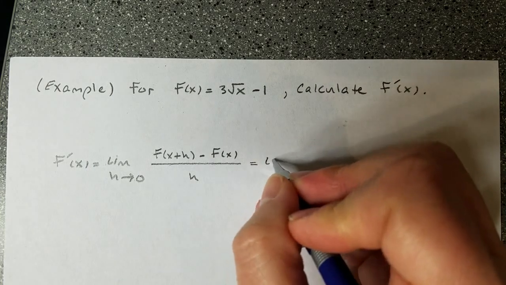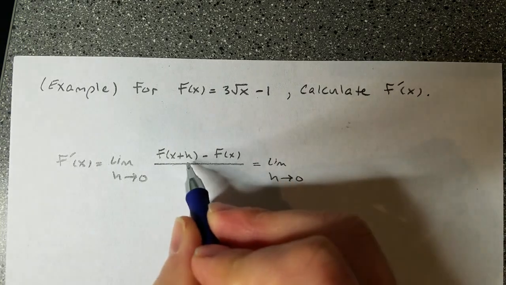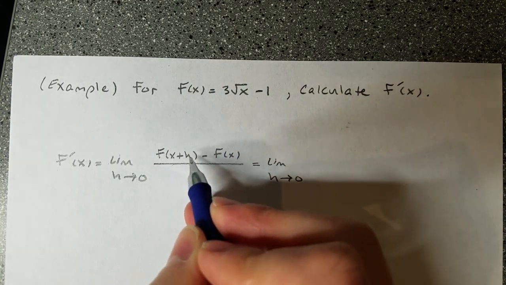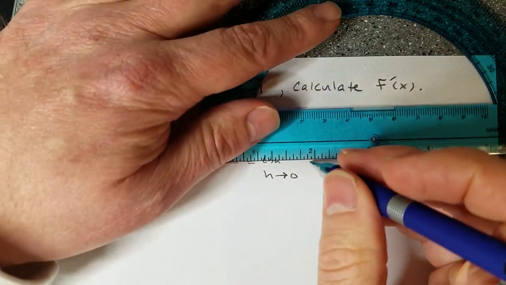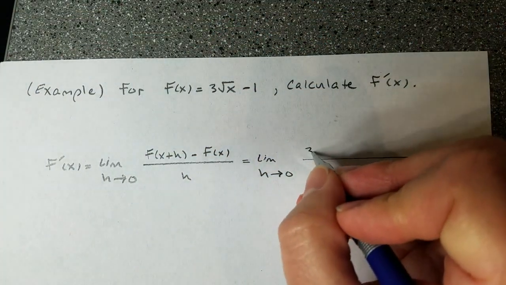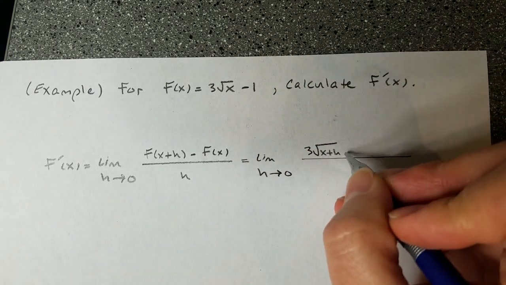In this case, the f of x plus h is, well, what if you took that formula and you put x plus h in for the x? You get 3 root x plus h minus 1.